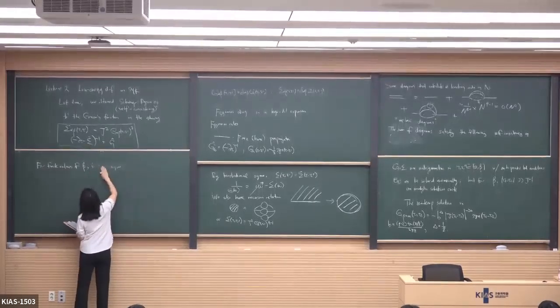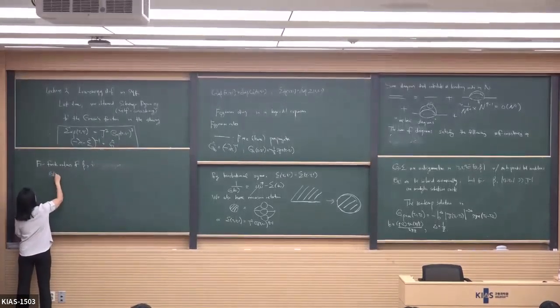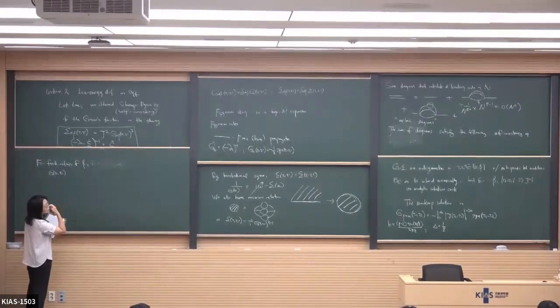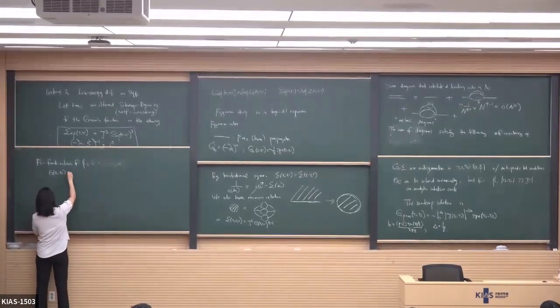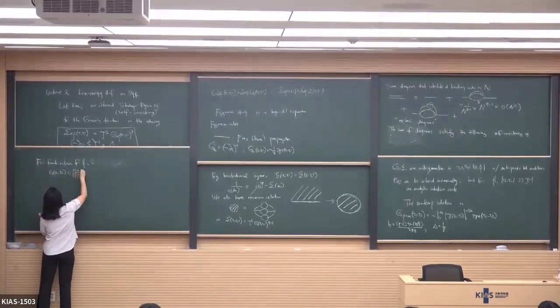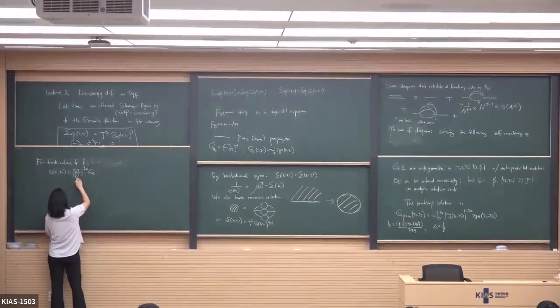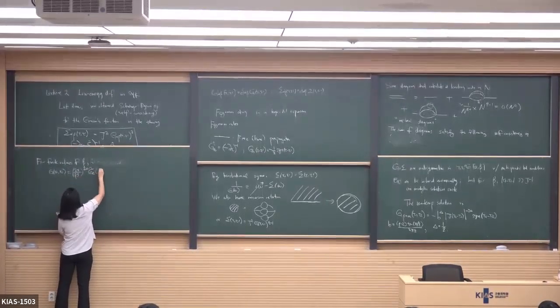The Green's function at intermediate time scales, which are time scales greater than J inverse, has this form. I've conveniently taken out some overall factor here.